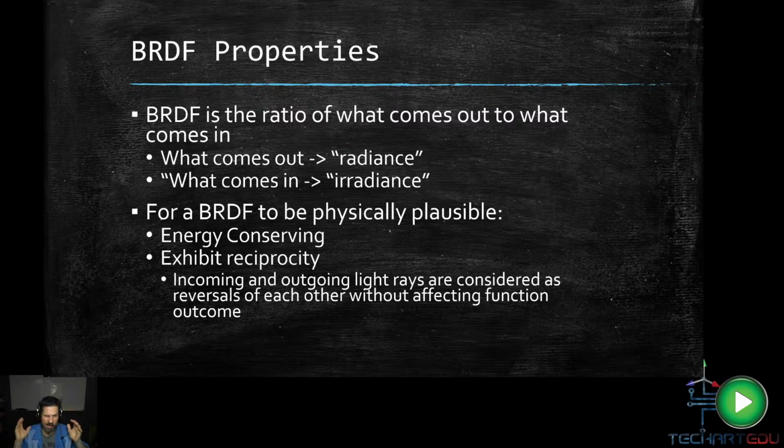And in order to make one of these functions actually work, it's got to conserve energy, which means the light energy coming into the point has got to equal the light energy coming out of the point. So the incoming and the outgoing light rays are considered reversals of each other, and you can't affect the overall outcome. The BRDF has to balance everything so that the amount coming in equals the amount coming out.